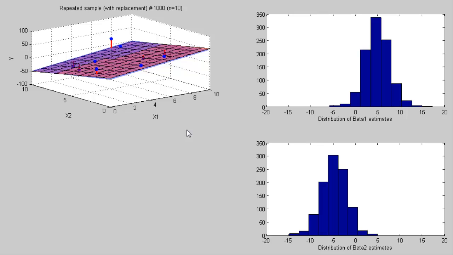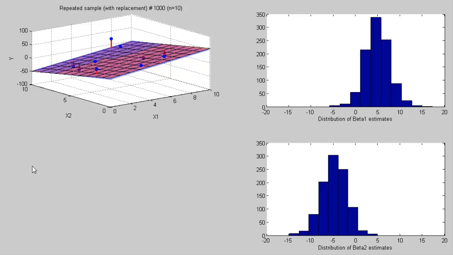And remember, the underlying population here we created ourselves. I created that from the blue plane, and there's a structural component, which is the blue plane, plus the random component. And the actual beta 1 value was 5.